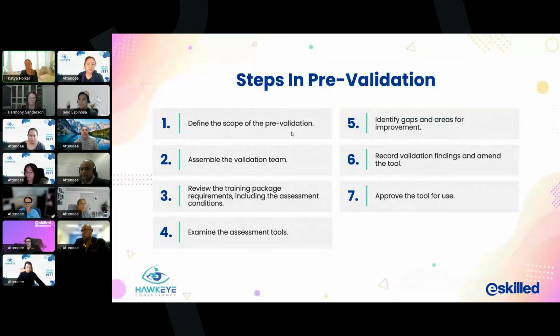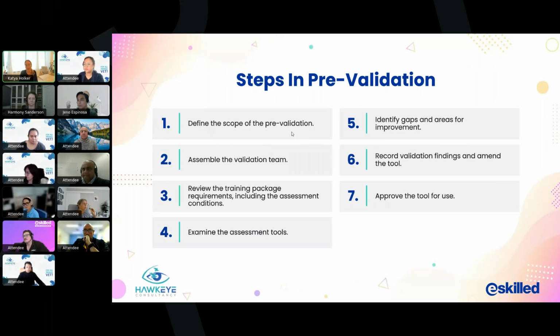Steps in pre-validation, what this looks like, and we would suggest that you actually define the scope of pre-validation. So again, this is dependent on the context of your RTO and the size and your scope. And again, to Harmony's point, looking at a risk-based approach. ASCWA recently released their 2025 to 2026 risk priority ratings.